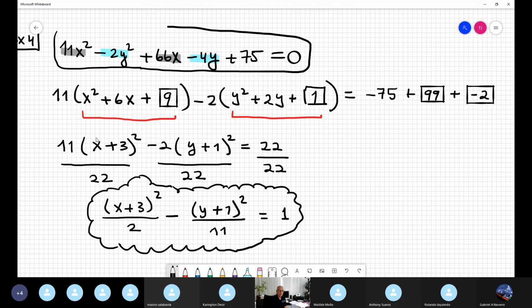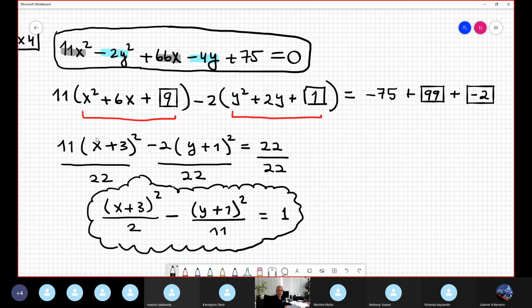Now you need to determine clearly where the center of this hyperbola is located. Where is the center? Negative 3, negative 1. Exactly. It's h and k with the opposite sign. And is this hyperbola horizontal or vertical?